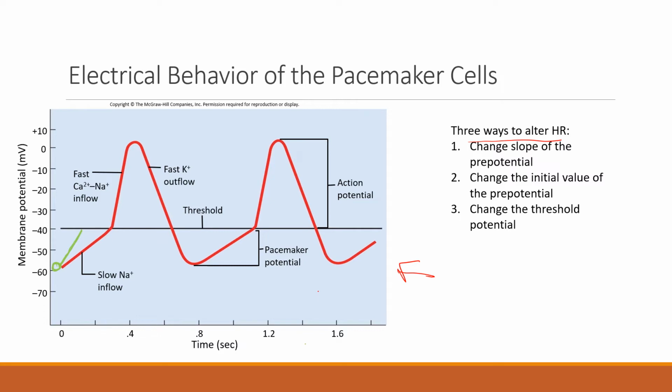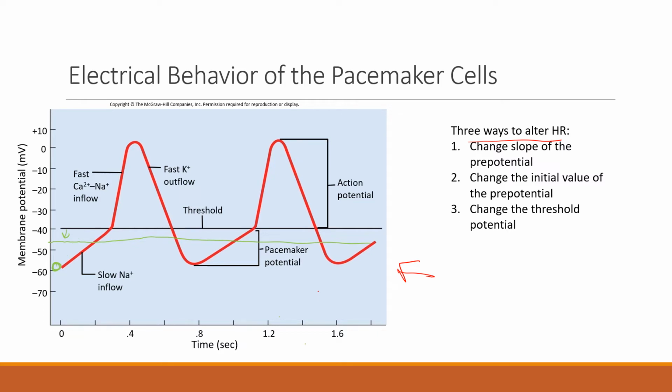In addition, it could actually lower the threshold for those voltage-gated calcium channels, bringing that threshold down a little bit, so that the new threshold is maybe negative 45 instead. That allows not only a faster slope, so we reach threshold faster, but also a lower threshold, so I reach it quicker. And that will allow the heart to contract much faster.